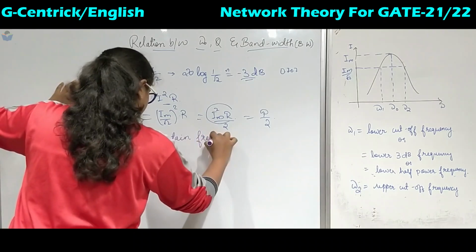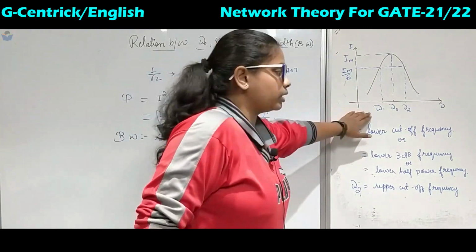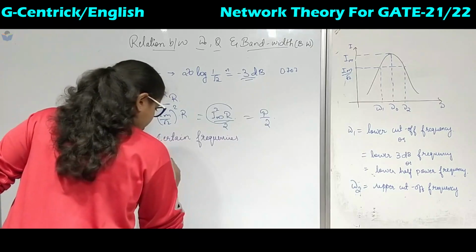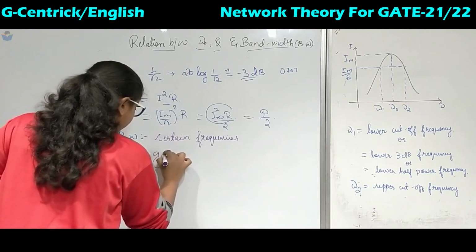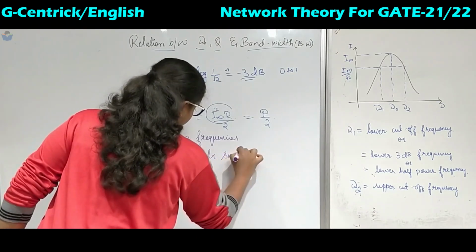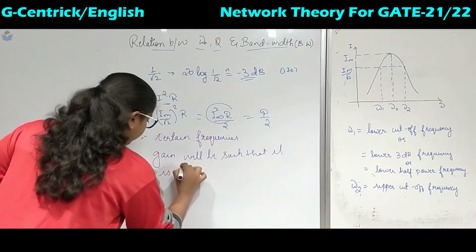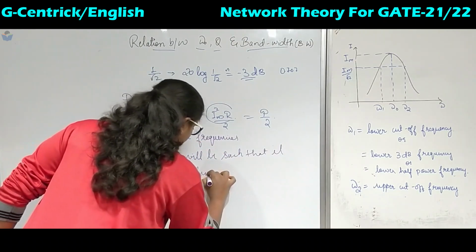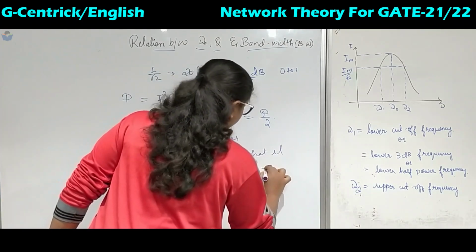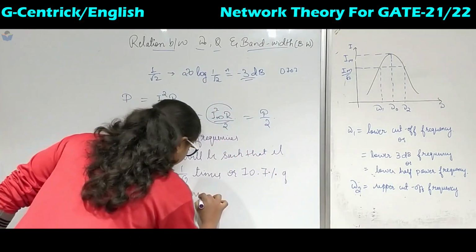For both of these frequencies, the gain should be such that it is 1 by root 2 times, or in terms of percentage, 70.7% of the maximum value.